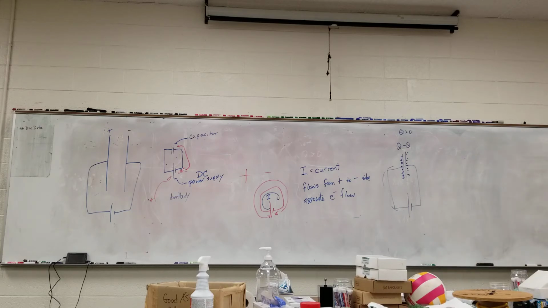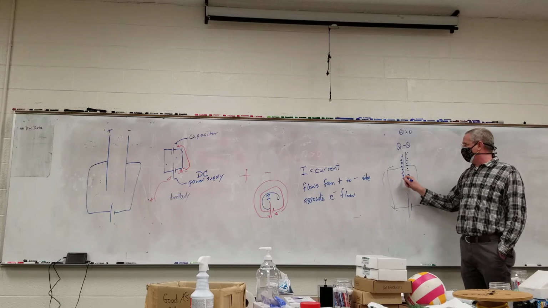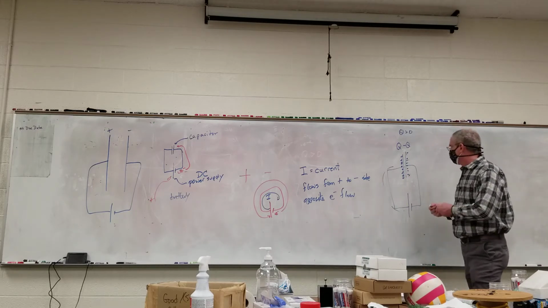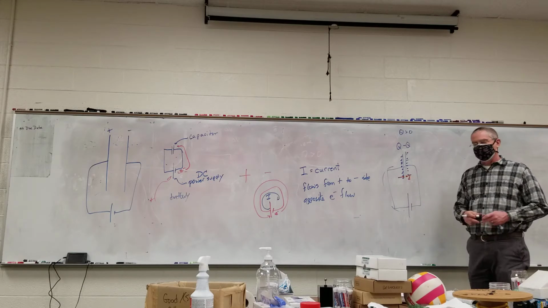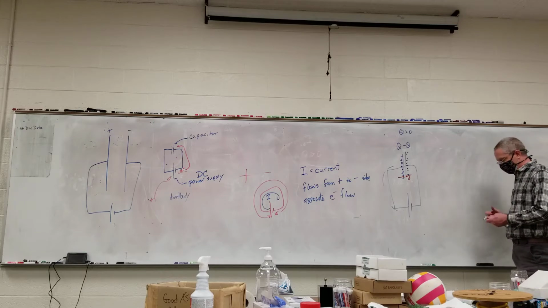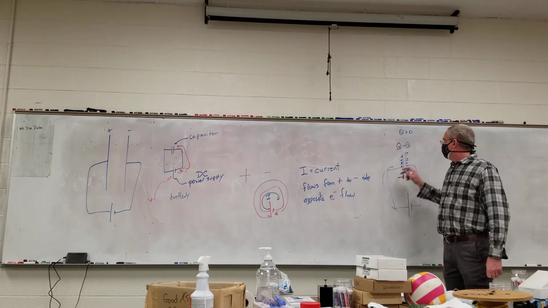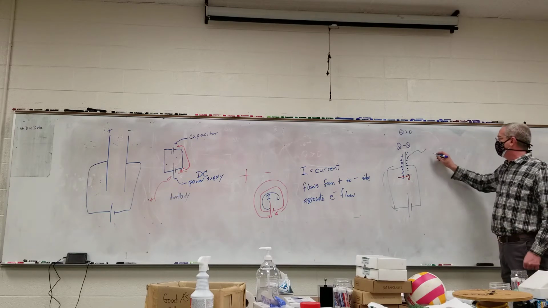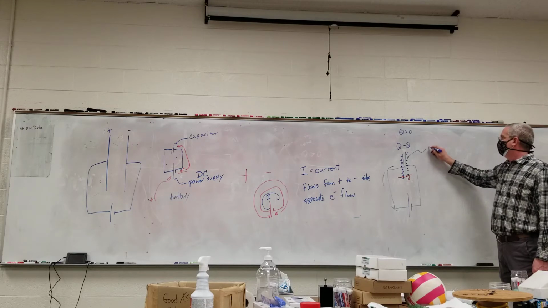We will also make the assumption in our nice ideal world here that these plates are large compared to the gap between them. If this gap here, and I will use D for the distance between the plates, and we'll just assume a square plate for right now, so this is an L by L plate.